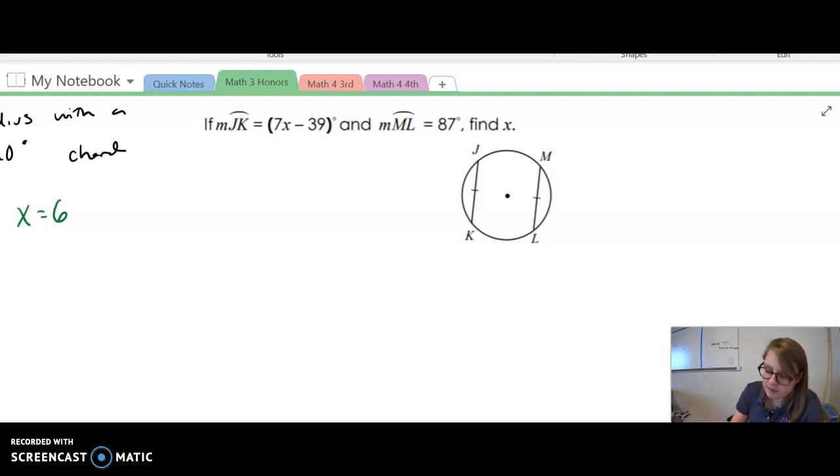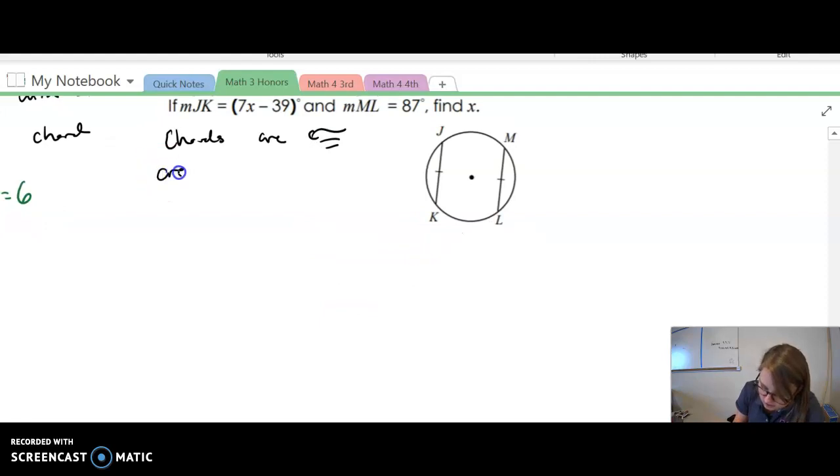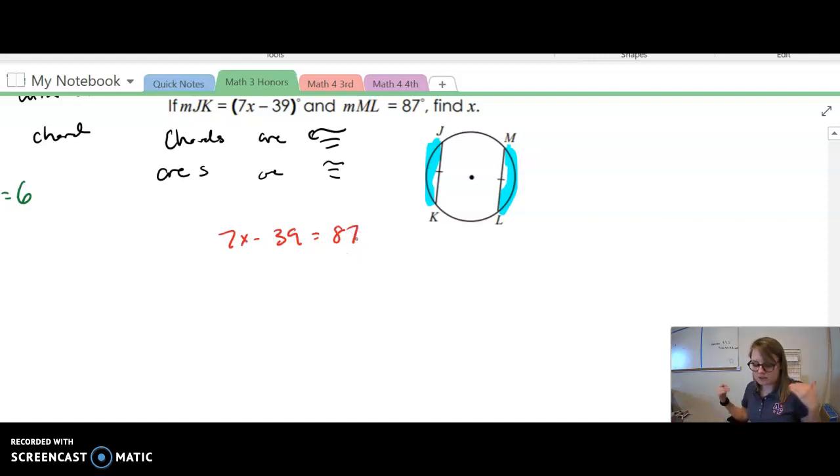And a property of chords is that if the chords are congruent, then the arcs are congruent as well. So this arc is congruent to this arc. So all I have to do for this one is set 7x minus 39 equal to 87. And then we can solve for x.